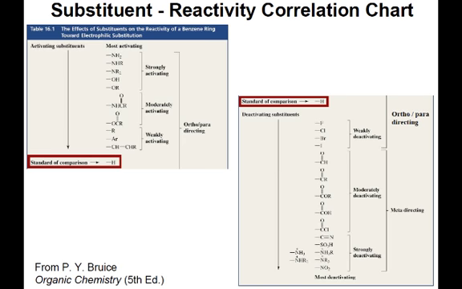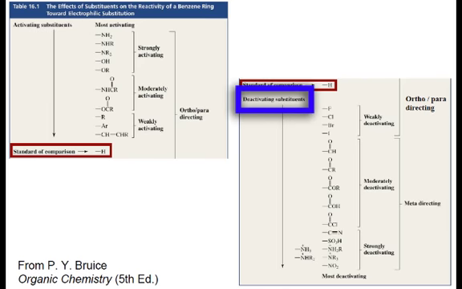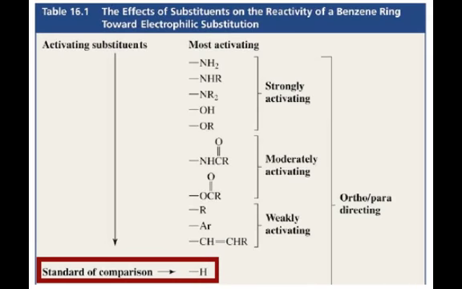Let me conclude by giving you a chart which organizes the various substituents according to whether they activate or deactivate rings toward electrophilic aromatic substitution. We're going to use as our standard of comparison the substituent that's a hydrogen atom, and all of the activating substituents, you'll notice, have a pair of electrons on the substituent that can be donated into the ring and activate it, until we get down to the weakly activating groups shown here.